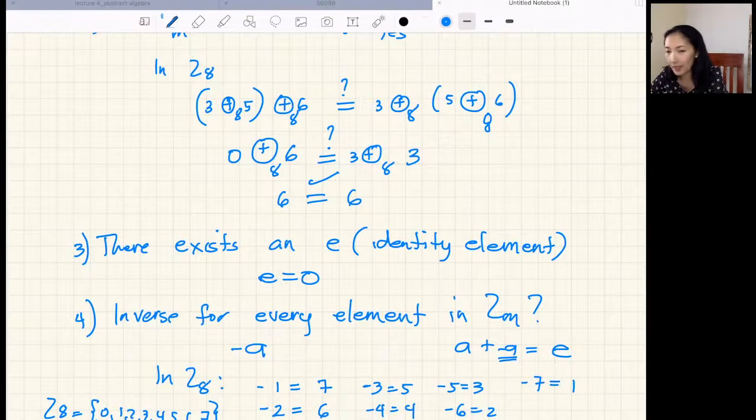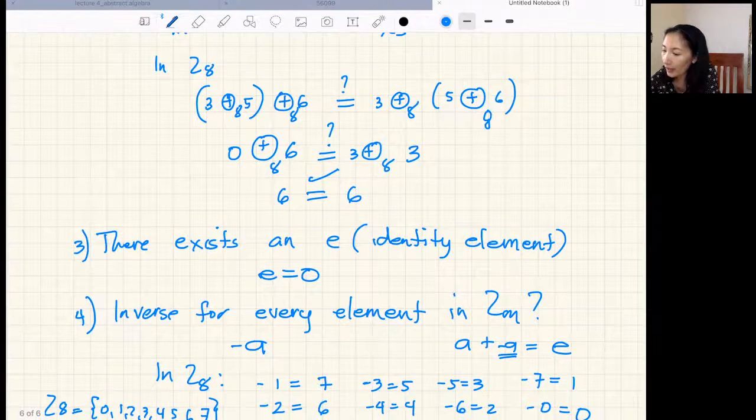Additive inverse of 0: you might ask, what is this doing? Negative 0 is only to symbolize, to represent the additive inverse of 0. There is no such thing as negative 0. This only means the additive inverse of 0 is 0. So take note, all elements of Z sub 8 have inverses with respect to what operation?